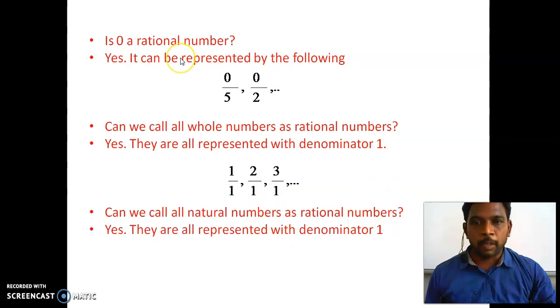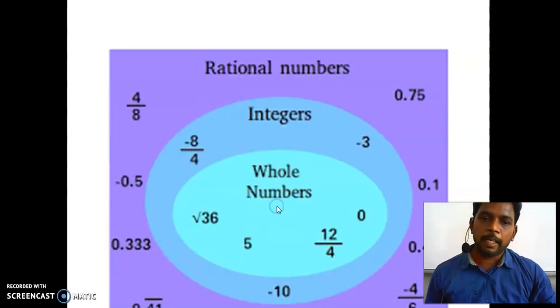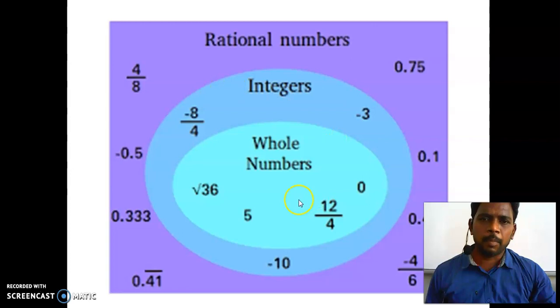So 0 can be written as 0 by anything, therefore it is a rational number. And for whole numbers, everything can be represented with the denominator 1, therefore that is also a rational number. And natural numbers are also defined like this. So all of these come under rational numbers. Right. Next, these are some examples of rational numbers.